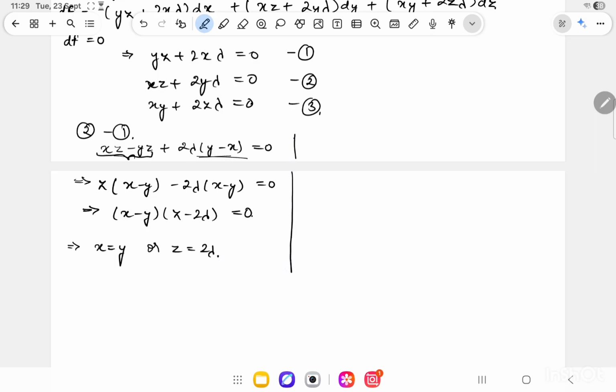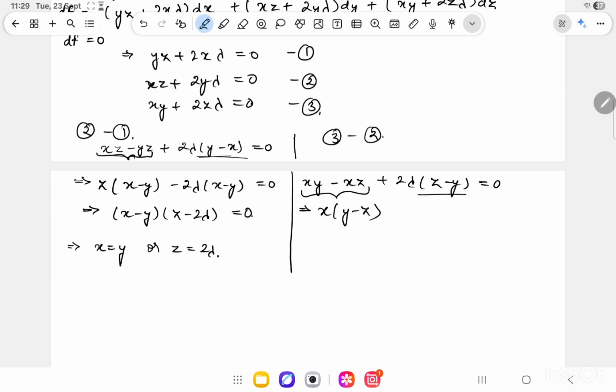Now let's solve it further. Let's subtract equation 2 from equation 3. Let's see what we get. We're left with xy minus xz plus 2 lambda into z minus y equals 0. If I pull out x from these two terms, I get y minus z.